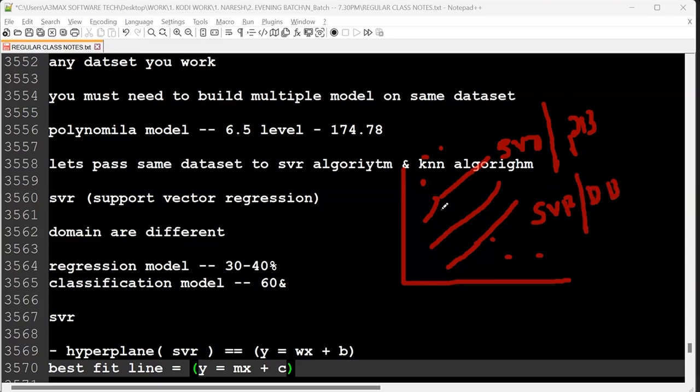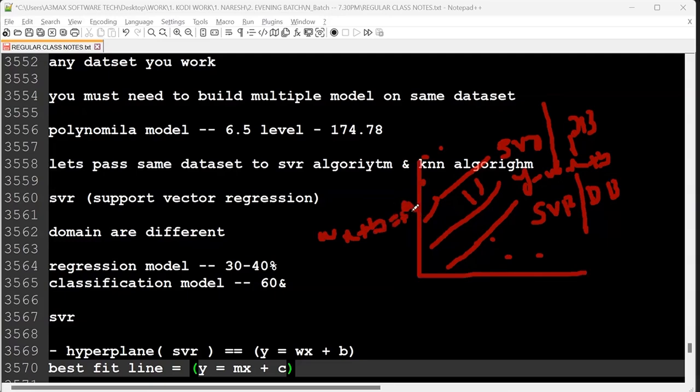Understand, team? So this equation is y = Wx plus b, and this side is positive. So I can write the equation Wx plus b equal to positive a, because each and every point is at a positive distance. And this side, positive or negative distance, guys?